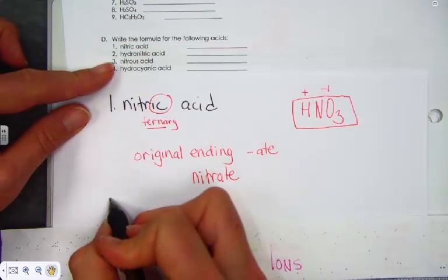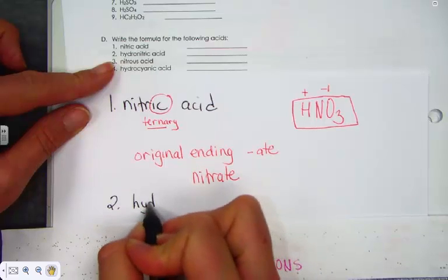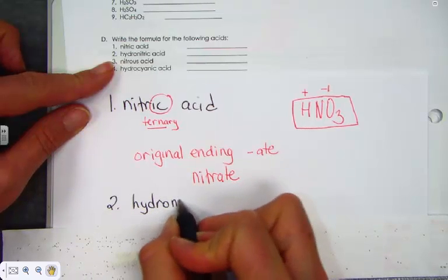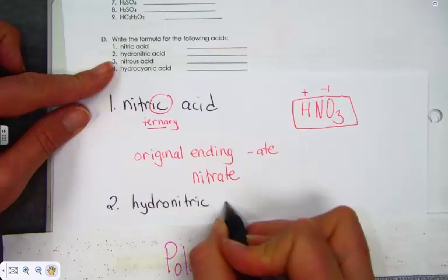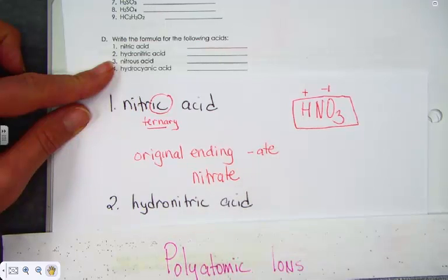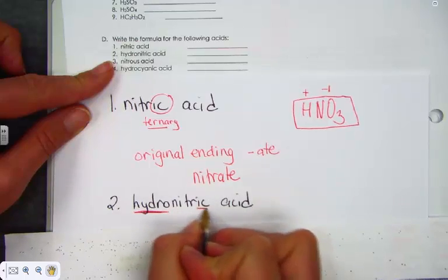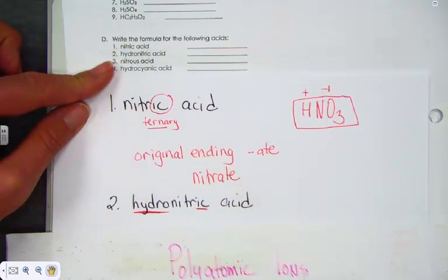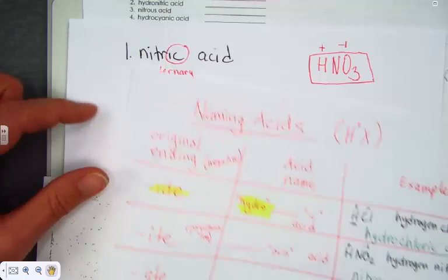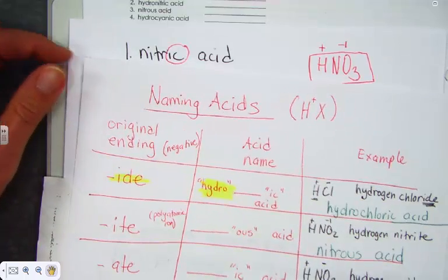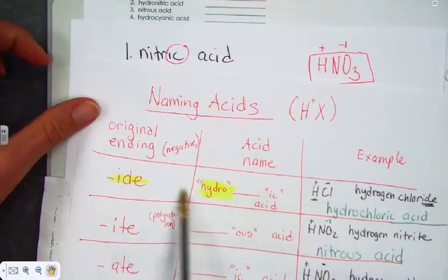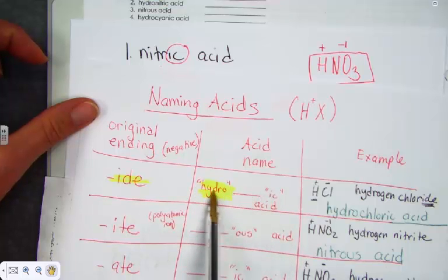Our second example says hydronitric acid. Hydro-ic acid. Work backwards. Notice here that it must be binary.